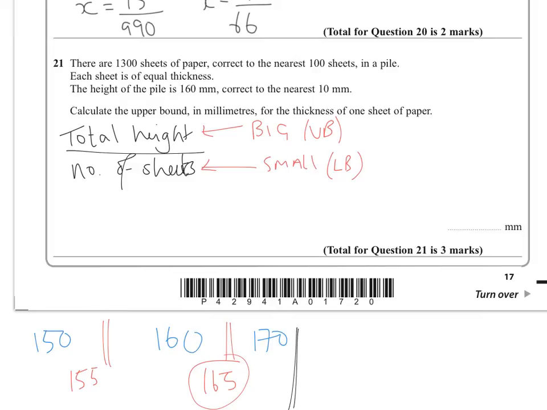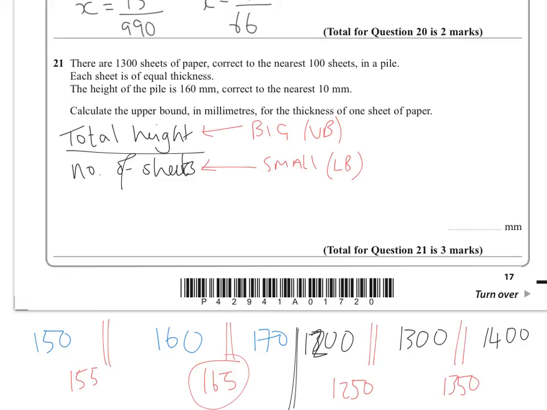so 165 millimeters. Equally, 1,300 sheets, correct to the nearest 100, so 1,300. Below to the nearest 100, 1,200, above 1,400. So here the lower bound halfway, 1,250, upper bound 1,350.